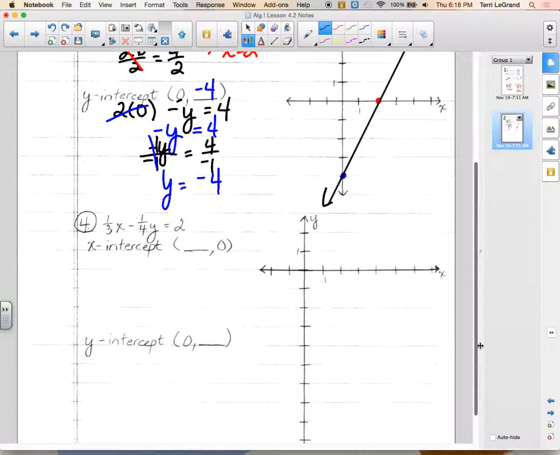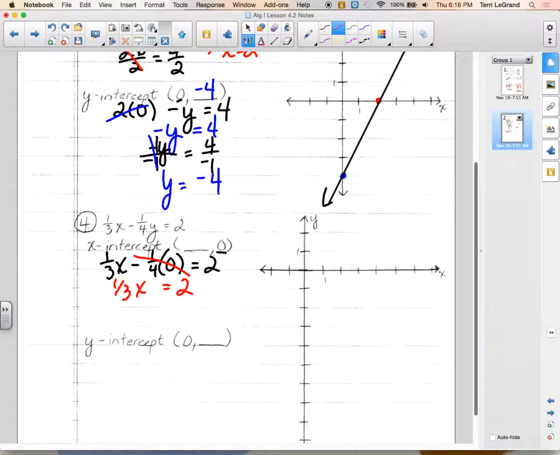When we have the x-intercept, remember the y is 0, so we have 1/3 x take away 1/4 times 0, and then equals 2. Our 1/4 times 0, that's 0, that can be ditched. And we'll have 1/3 x equals 2.